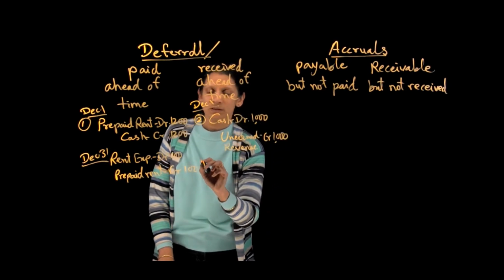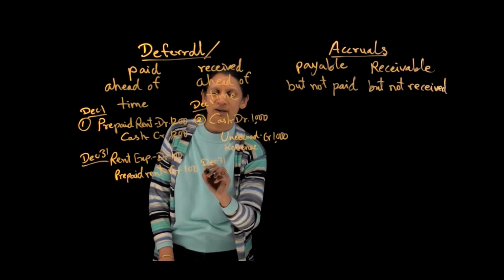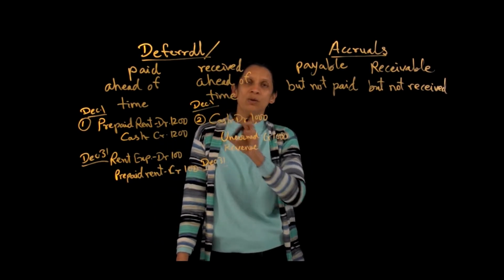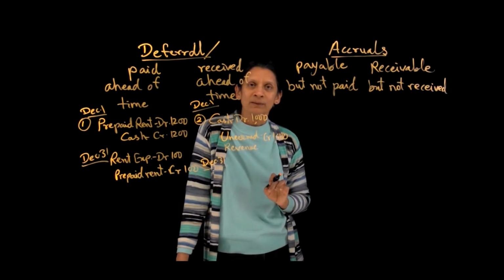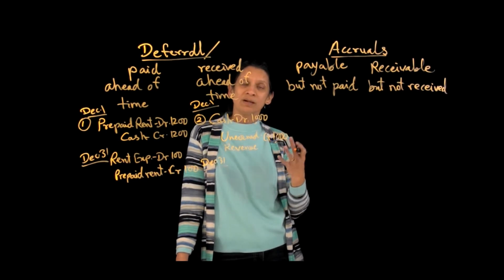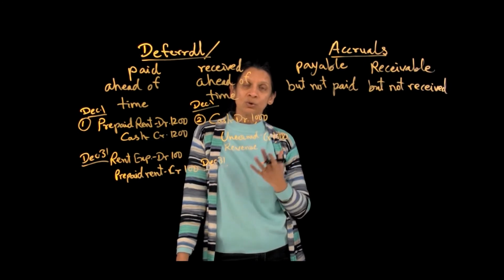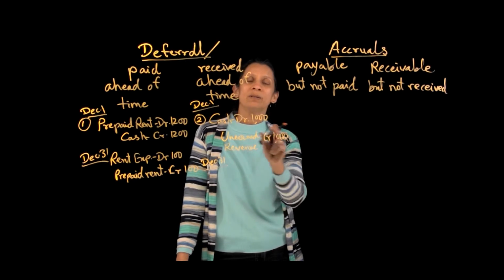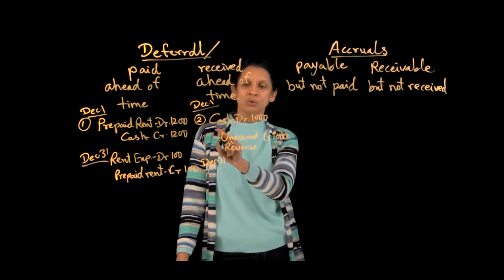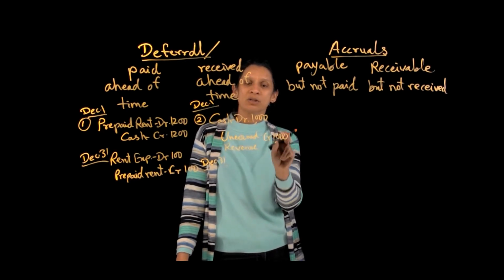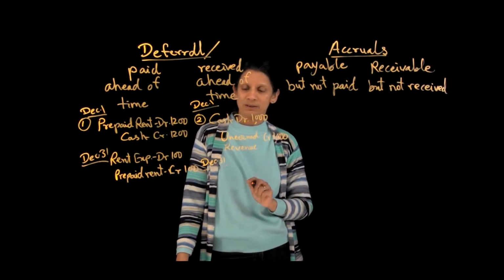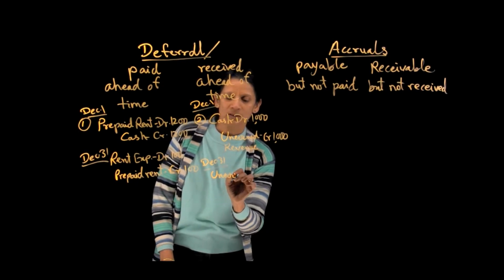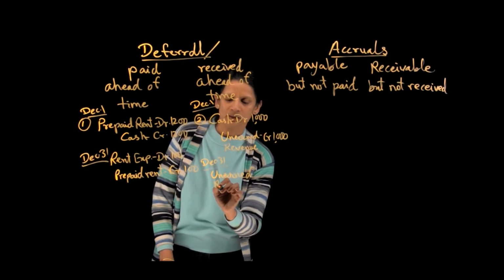Now on December 31st, you need to reflect the fact that out of the 2 month project, 1 month has expired, so half of the project is done. Since you have delivered half of the services, you need to reflect them in the accounts and you need to reduce your liability towards that customer. So look at the exact balance sheet item that you had used in the beginning. You will be using the same account, but this time you will be debiting that account, unearned revenue.